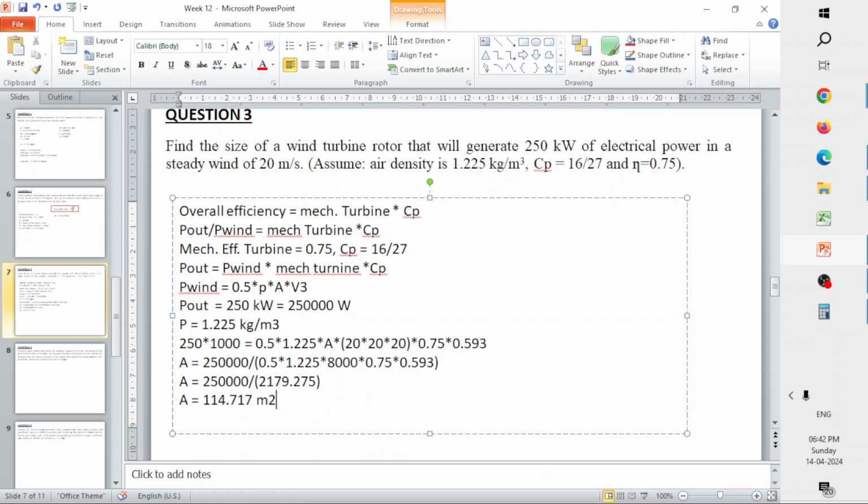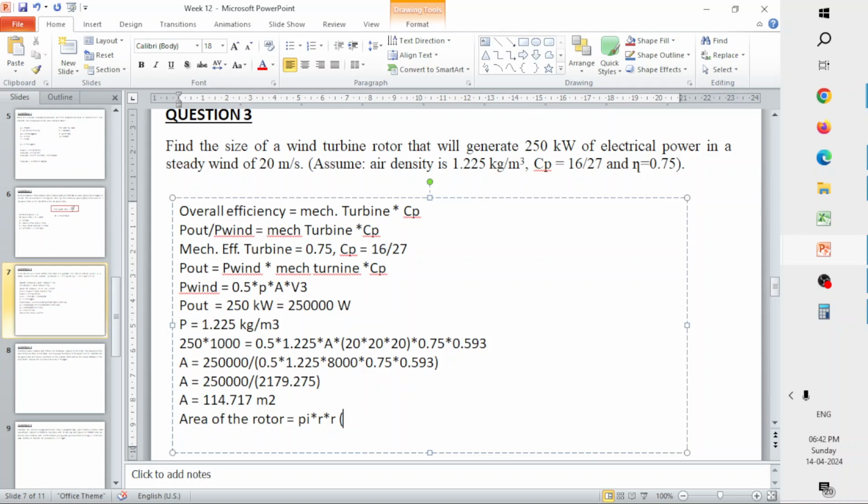Now this is the area that you have calculated. You are supposed to calculate the size, which means they are asking you to calculate the radius of the wind turbine rotor. For a rotor, which is circular, the area will be pi r square. So the area of the rotor can be expressed as pi times r times r, where r is the radius of the rotor.